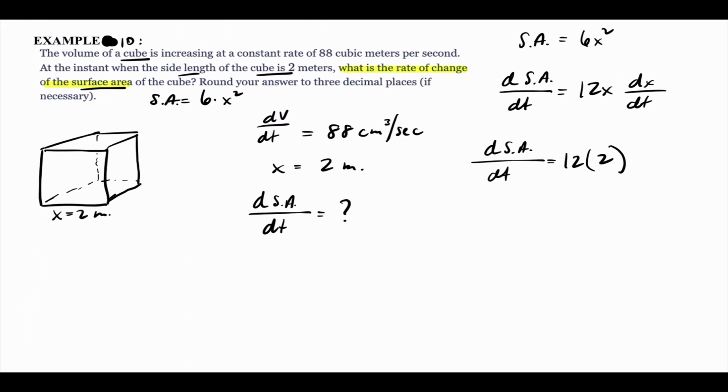Which other formula for a cube could we use? Volume, right? Volume of a cube is x cubed. Take the side, multiply it by itself 3 times, and you get the volume.